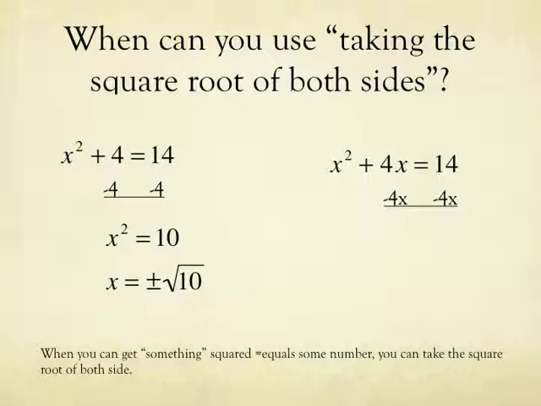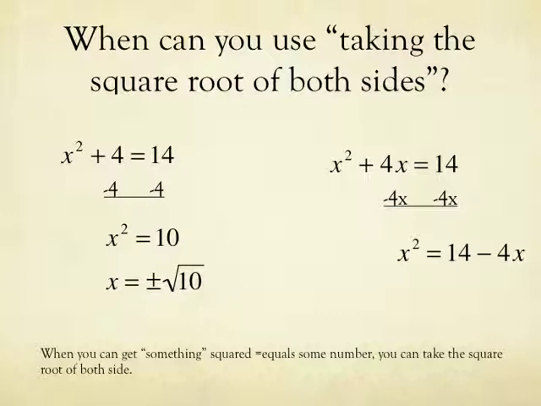In this case, I'll subtract 4x from both sides, and I'll get x squared equals 14 minus 4x. The problem here is that what's on the right-hand side isn't a plain old number. It's a number minus a variable. We can't simply take the square root of both sides of this one because there's still an x on the right-hand side.